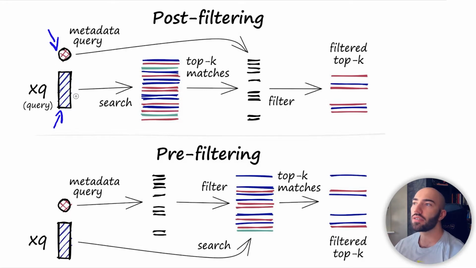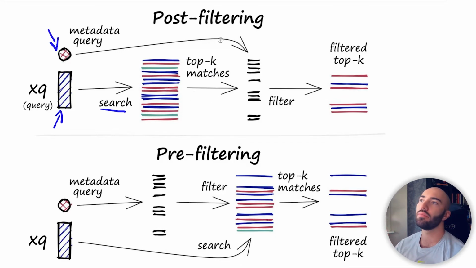Now we start by performing an approximate search between our query vector and all of our index vectors over here. And we get the top K matches there. So let's say we wanted maybe 10 of those.